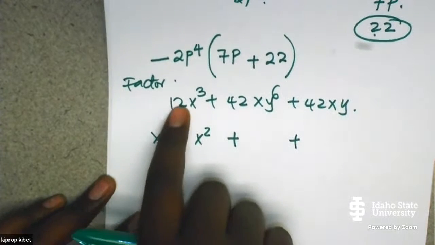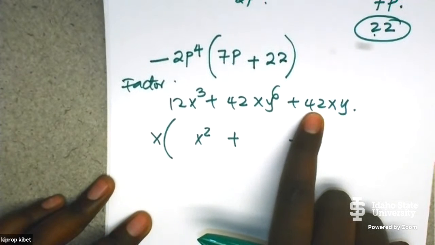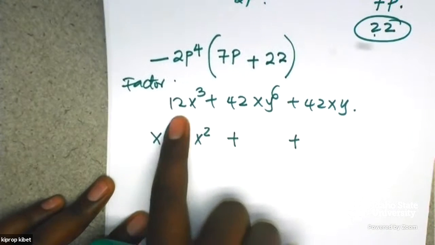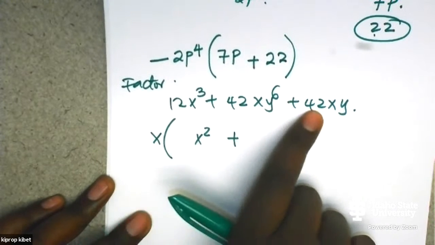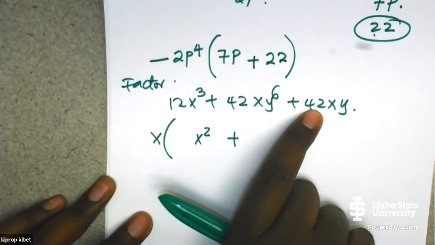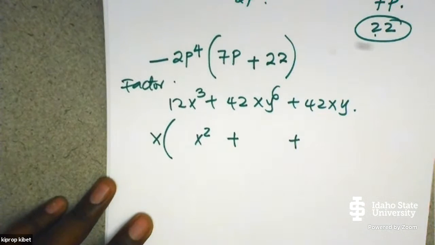Now, we have 12 here, 42 here, and 42 here. What is the highest number that can divide 12, 42, and 42? 6. If you divide 12 by 6, you get 2. Divide 42 by 6, you get 7, and the other one is 7.